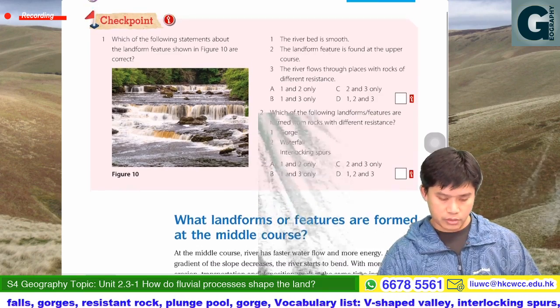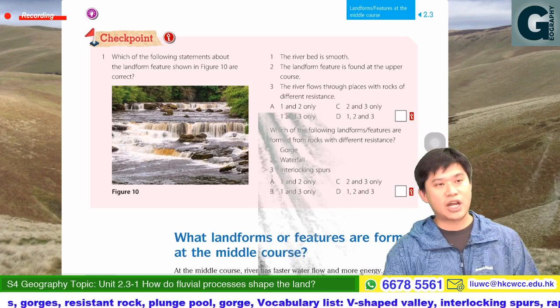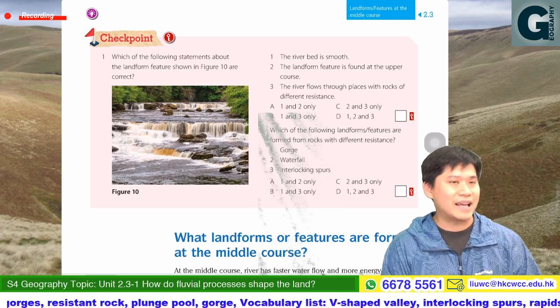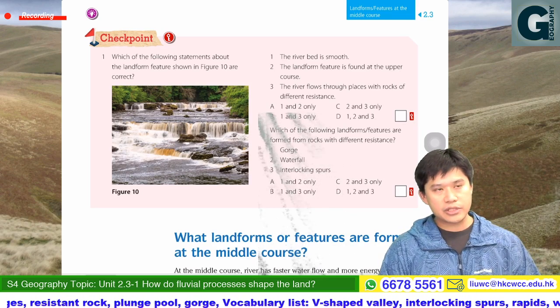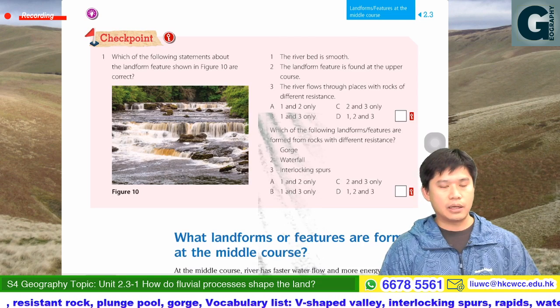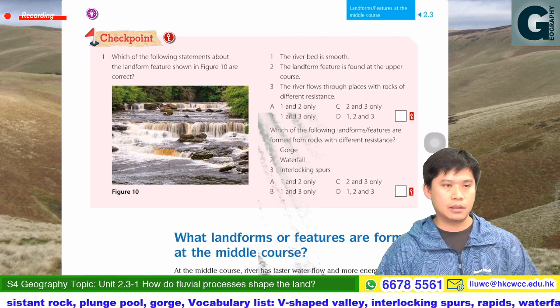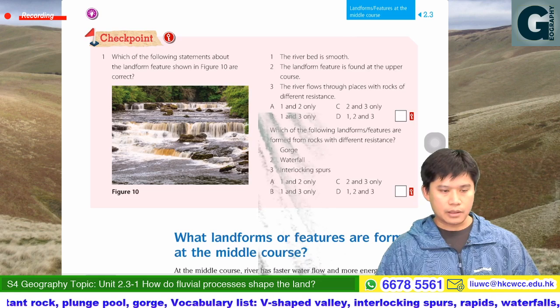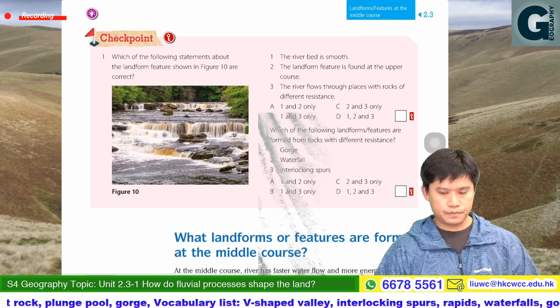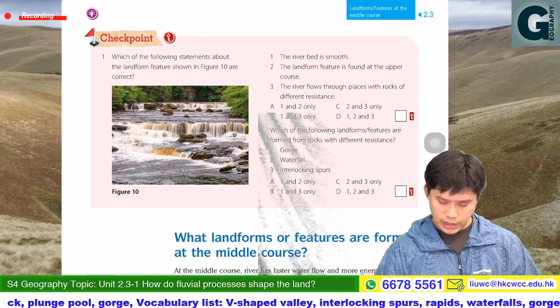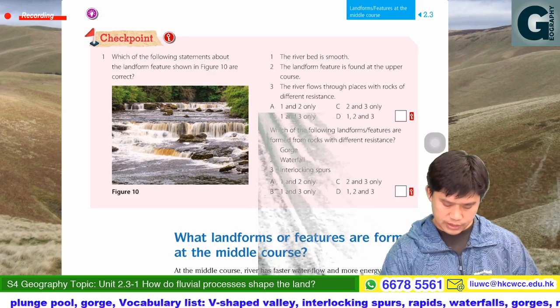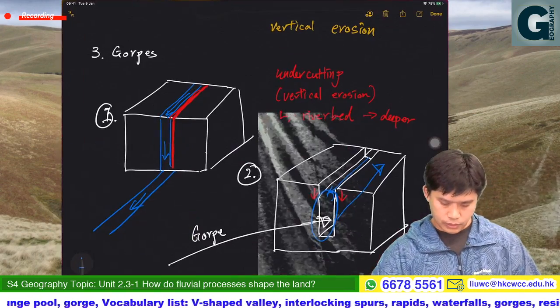So therefore, we move to the checkpoint already. It means that we have already finished the part on the landscape in the upper course. So here comes the summary, or the conclusions.